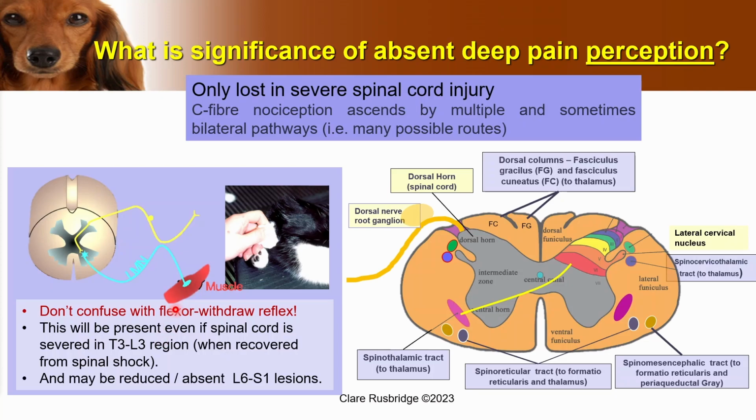You know, the dog can pull the leg back from you multiple times, when in fact it's just a reflex. Of course, the flexor withdrawal reflex may be reduced or absent if you have an L6 to S1 lesion, but the dog may perceive that there is a noxious insult happening to their foot. So the two do not necessarily go together, although of course with normal nociception and pain perception they would go together.